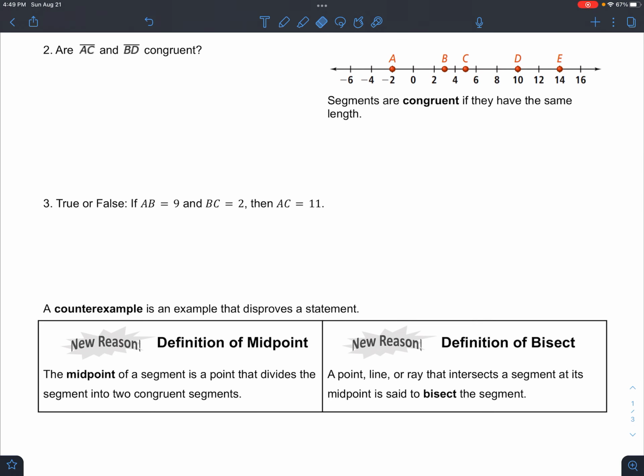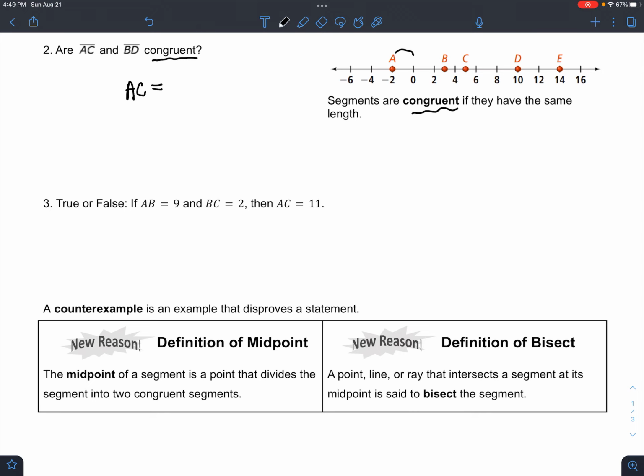It says are line segment AC and line segment BD congruent? Well, congruent, as you can see here, means that they have the same length. And since we're on a number line, why not just count and see how many spaces A and C are apart? And that would be the length of AC.